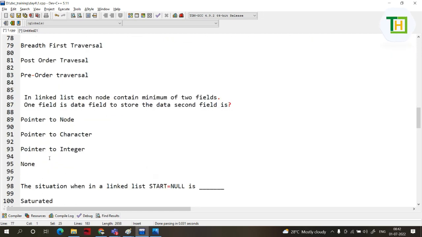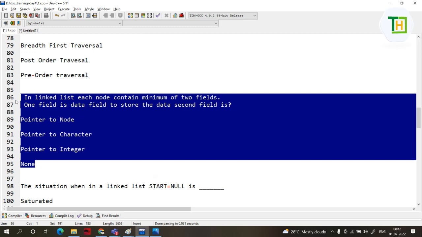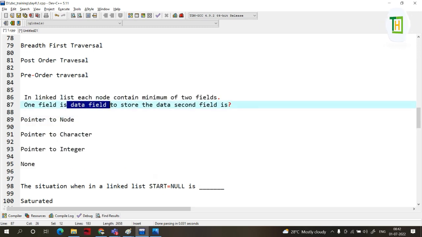And we already discussed linked lists. In a linked list, each node contains a minimum of 2 fields. One field is a data field to store the data, and the second field is the address of the next node.